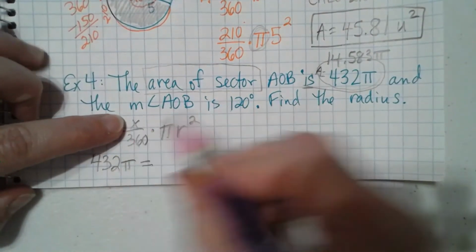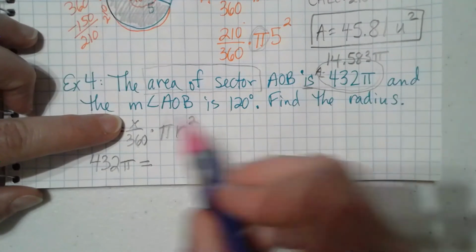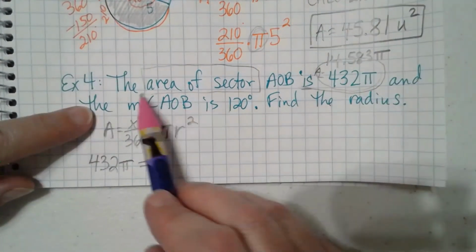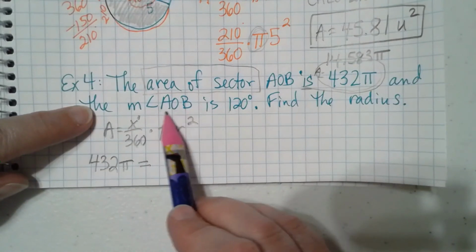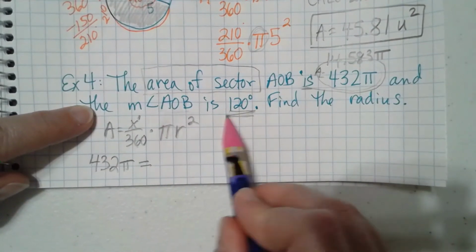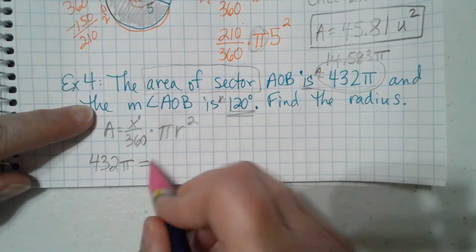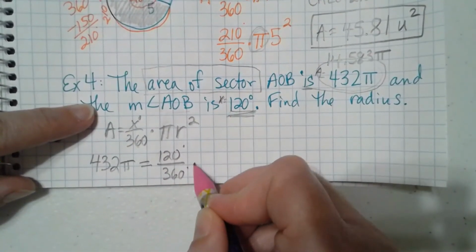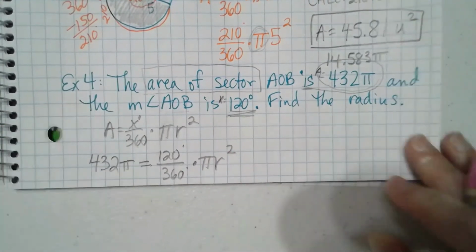Then I have an x. What does that x stand for? That's our degree. How much of the circle do we have shaded? The measure of our angle is 120. So this is going to be x, 120 over 360 times pi r squared.